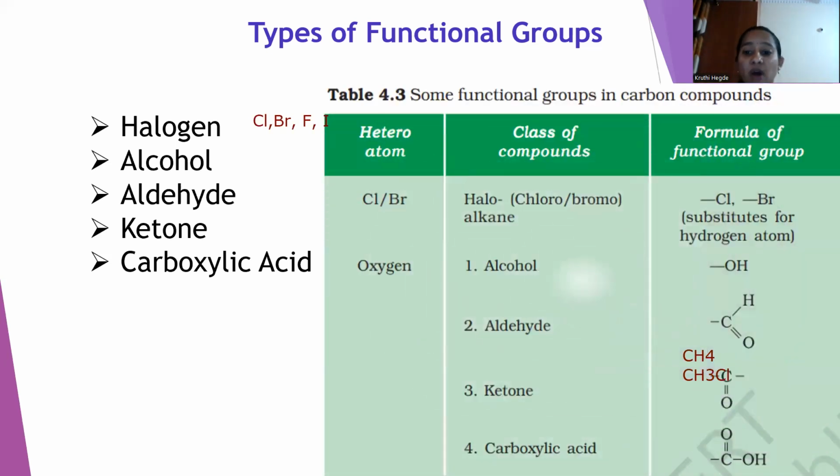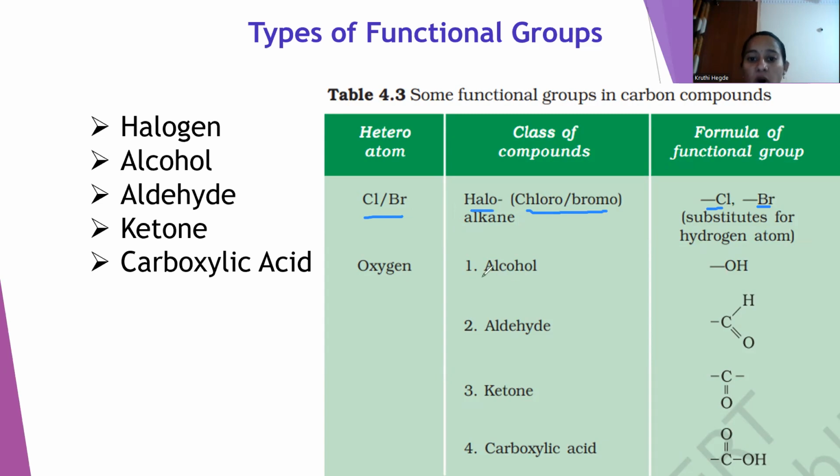So in case of alcohol, if you see here, it is having OH. In case of chlorine, chloro or bromo is the heteroatom. It's called halogen. Then the name will start with chloro or bromo. Cl or Br is the substituent that takes the position of hydrogen.